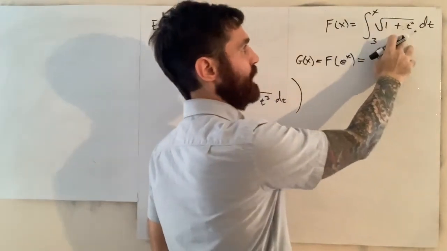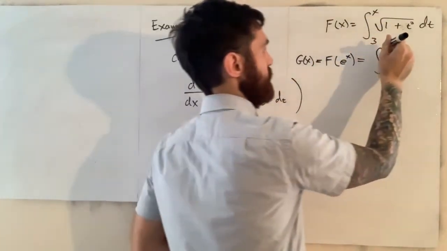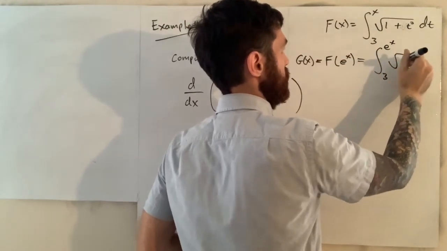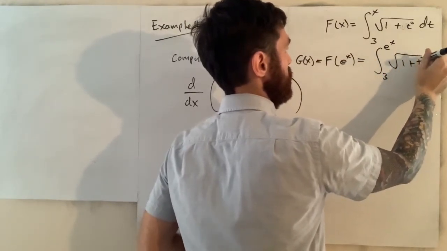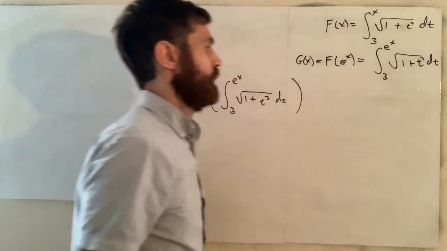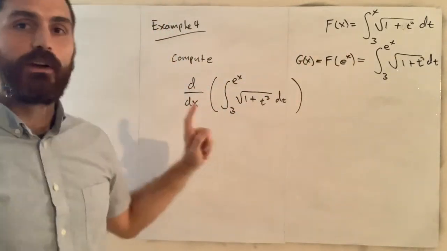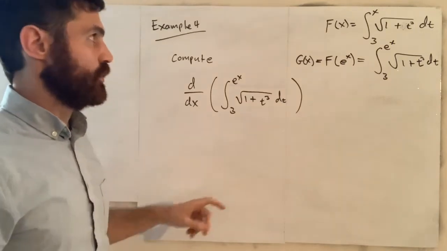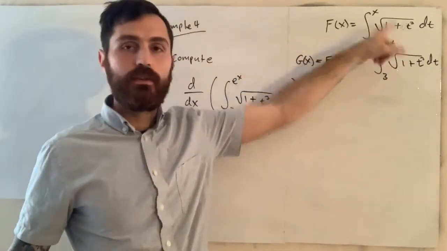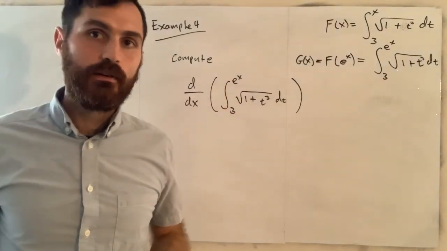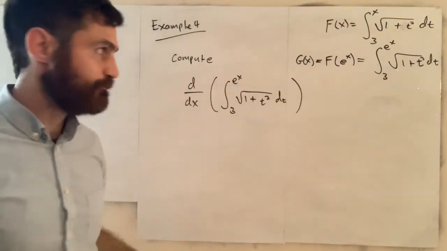So the only place I see x is up here, so you get e to the x. All right, so you can think of this thing here as the composition of two functions. You're composing this integral function with e to the x. And I want to take the derivative.